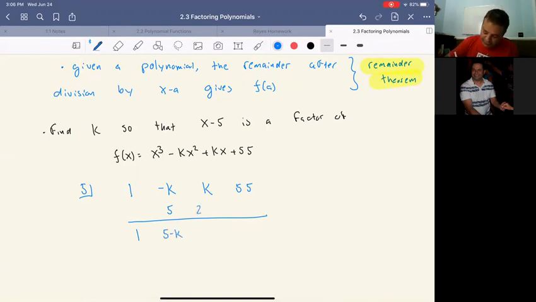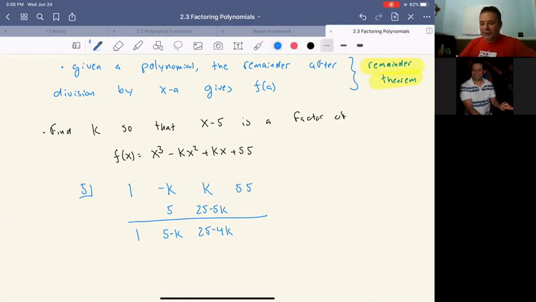Now it's going to be 25 minus 5k. All right, bringing this down, we get 25 minus 6k. No, 25 minus 4k. Sorry about that. All right, just k minus 5k is minus 4k.